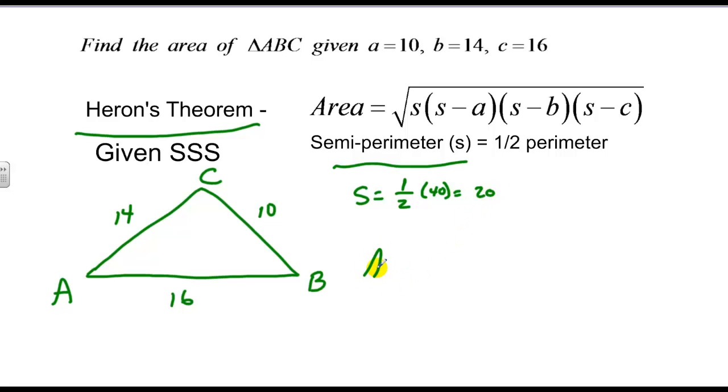And if I want my area, I'll just take that value of 20, multiply it by 20 minus each side.